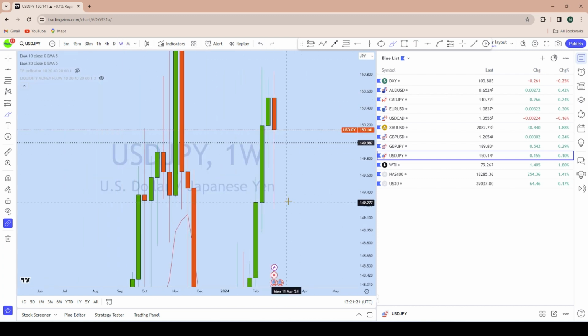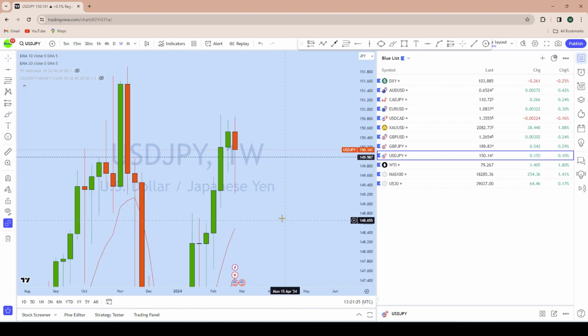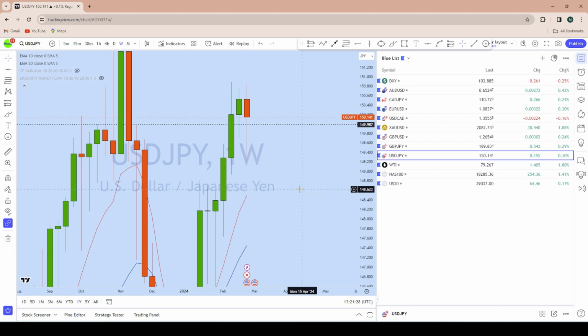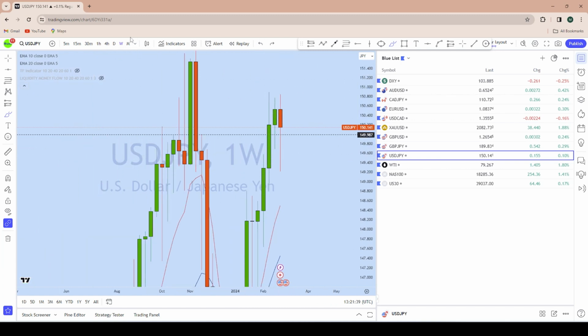Now if we look at the weekly chart, we can see there is a long wick candle on dollar yen, and with that long wick candle we can expect the price initially to come down to fill that and then bounce back to the upside to create a new higher high.